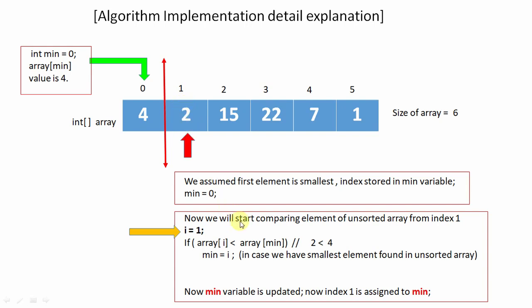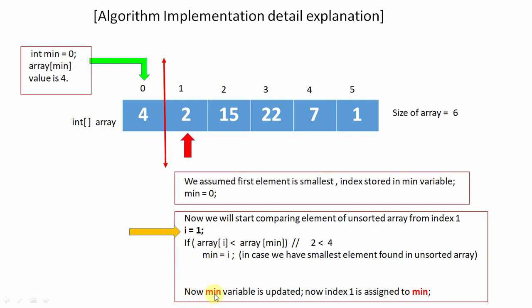You can see this code, if array[i] is less than array[min], that means we are comparing 2 with 4. So 2 is less than 4. Then we will go inside this if condition and we have to store the index of this smallest element, min is equal to i. Okay, so in this case, the min variable is updated.